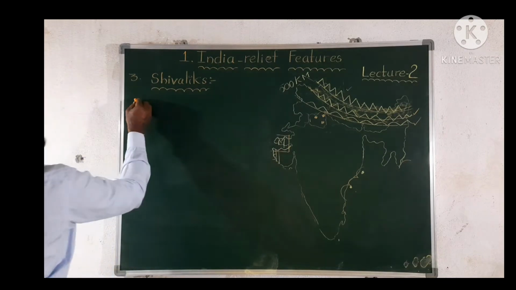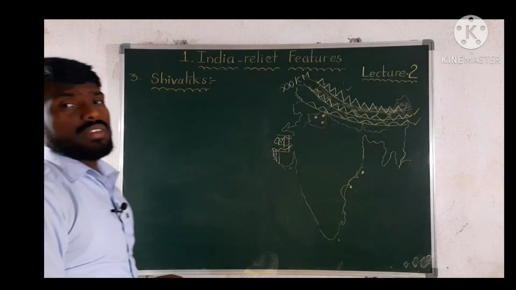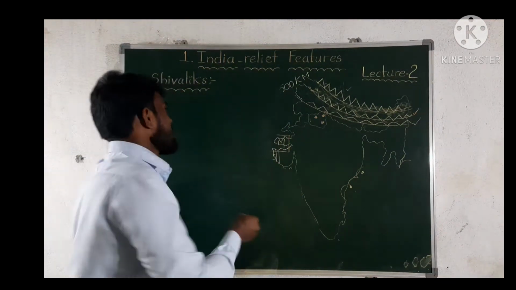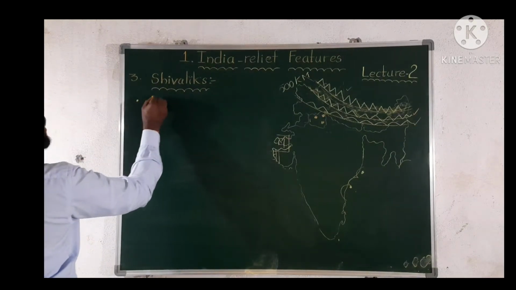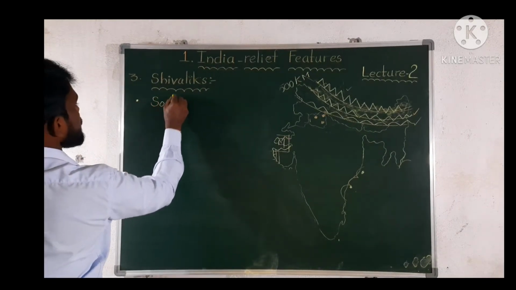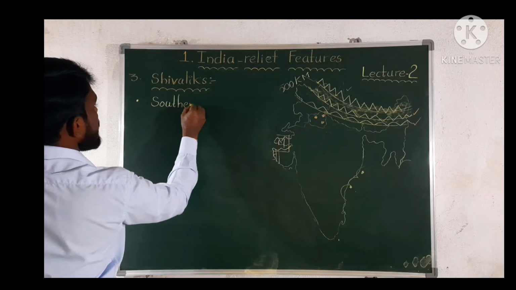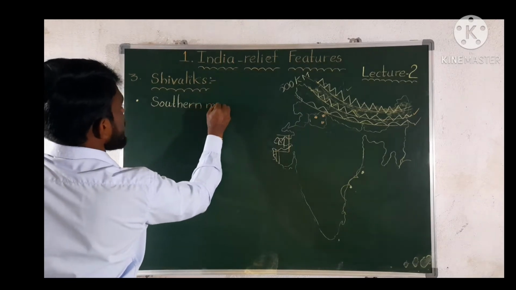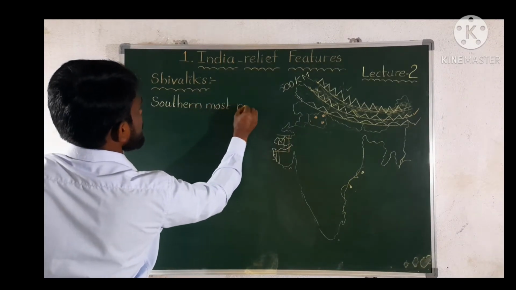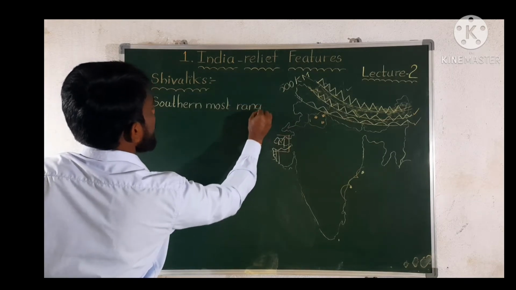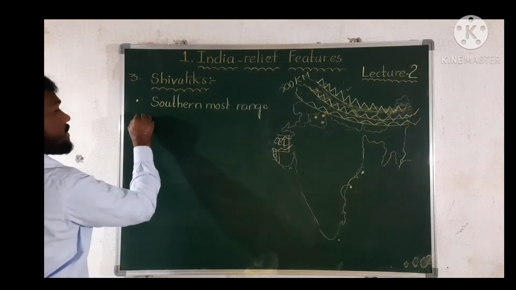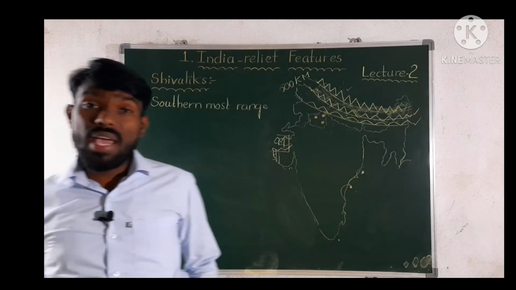The first point: Shivaliks are the southernmost range.